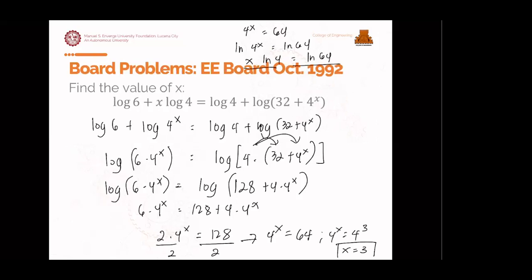Then, on both sides, we just divide by ln 4. Okay? So, x will now be equal to ln 64 over ln 4, which is the same value we get, which is 3.